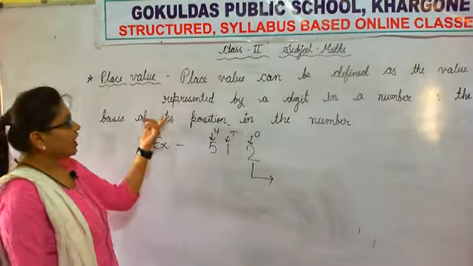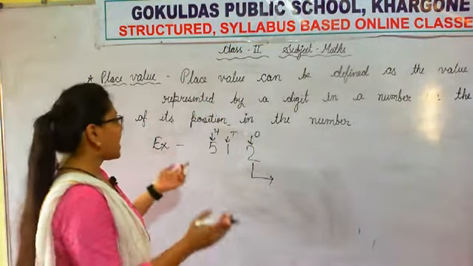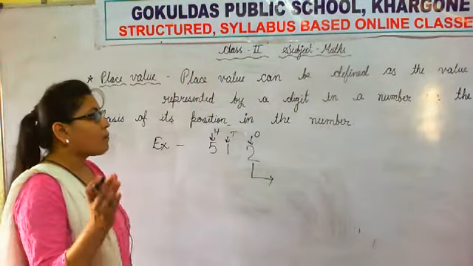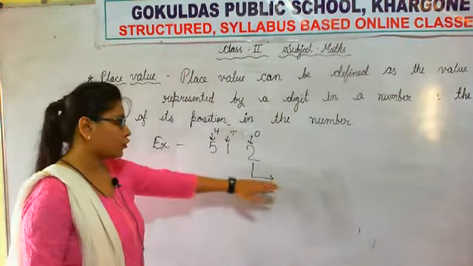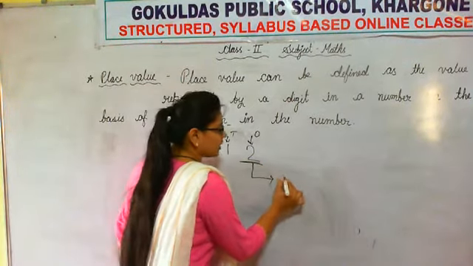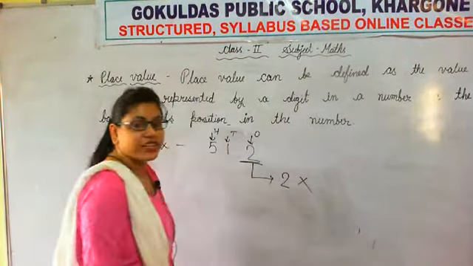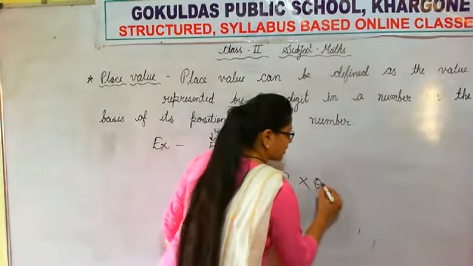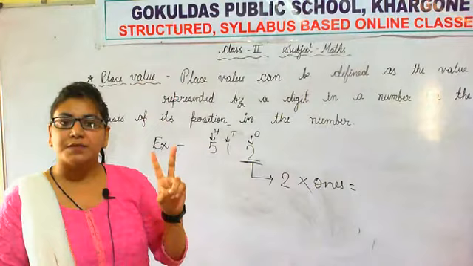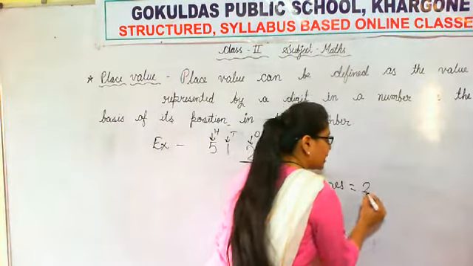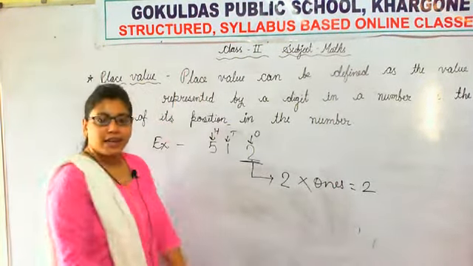By the definition, place value is defined as the value represented by a digit in a number on the basis of its position. So, what is the digit? 2. Its position is ones. So 2 ones, it means 1 and 2. 2 ones means 2. So the place value of 2 here is 2.